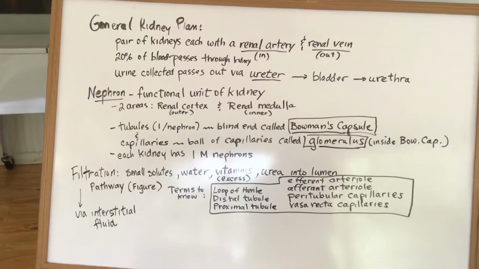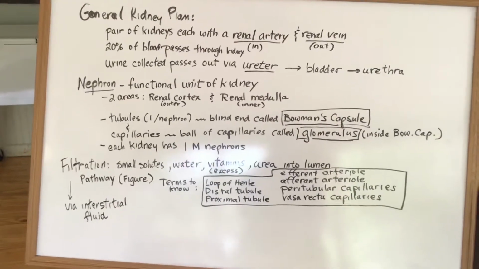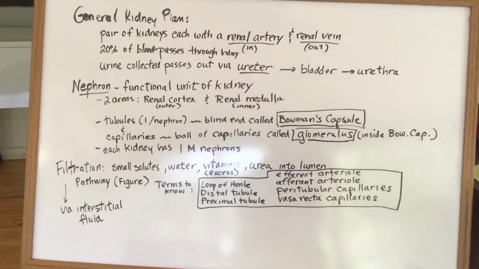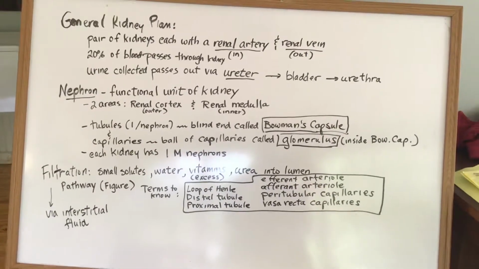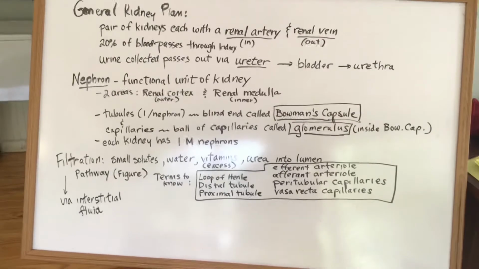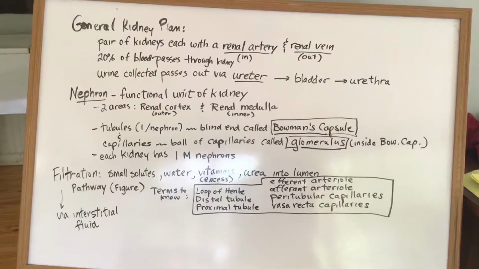I'll show you an overhead or a picture of that in just a second. And they have capillaries that are around there, a ball of capillaries called the glomerulus, which is inside the Bowman's capsule. And that is where the filtrates are going to enter into the collection duct.